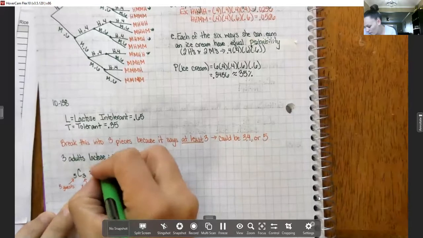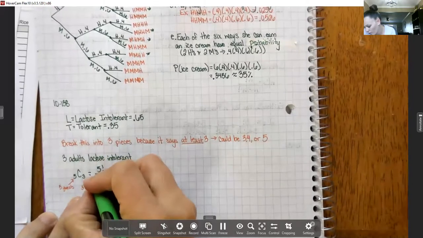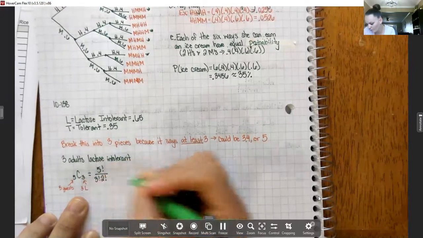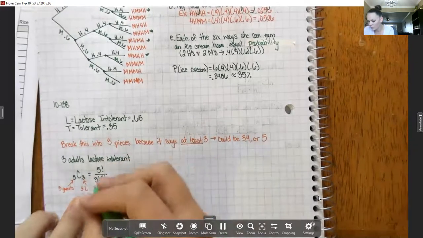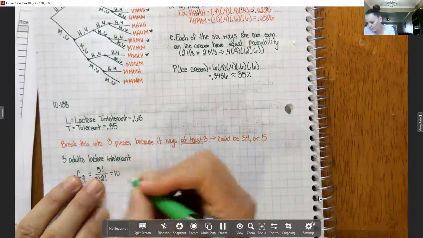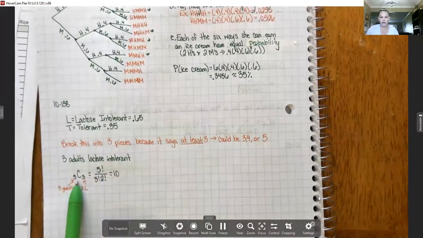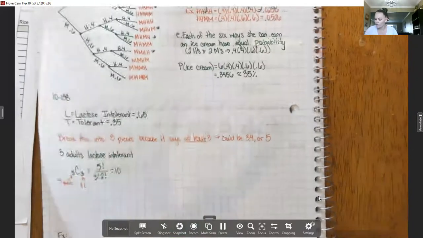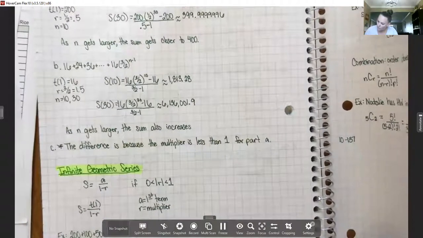So this is 5 factorial over 3 factorial times 2 factorial, which this just ends up equaling 10. And again, if you just plug this into your calculator, it'll end up being 10, which this is actually the exact same one we did in our notes almost.